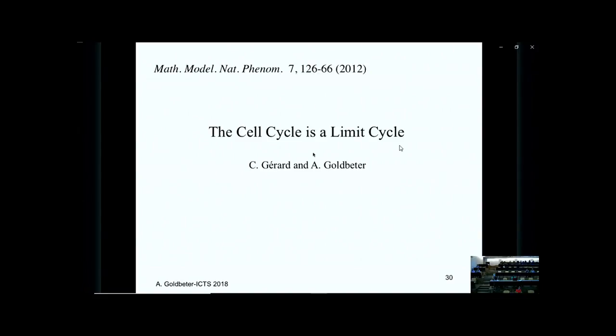I met him at a conference, and he asked me what I was working on, and I told him that I was working on a paper on the oscillatory dynamics of the cyclin CDK network driving the mammalian cell cycle. He was horrified by the length of the title, and he asked me to produce a shorter title. And among those I suggested, he said, this is a nice one. So we indeed kept it for this paper.